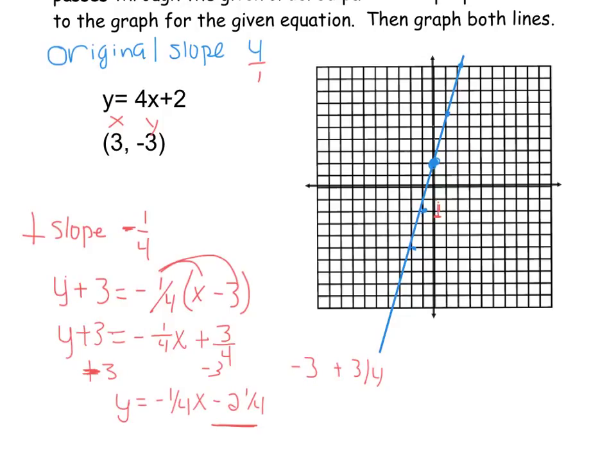Remember, I'm not hitting right on the grid because I was in a fraction, and then over 1, 2, 3, 4. So it would be a line, and again I would do that a few times, connecting those two, and there is your right angle.